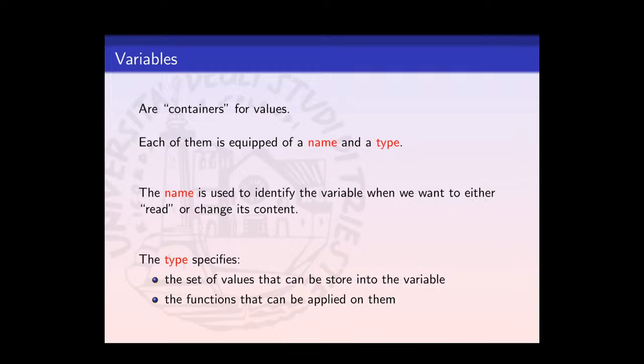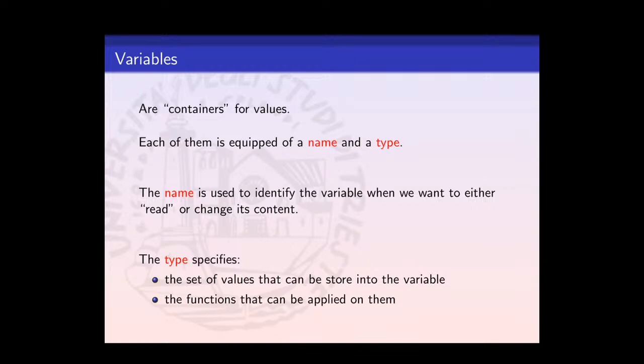So any variable in the C programming language has a name and a type. Well, the name is quite easy to understand. What is a type? Well, the type is the kind of data you are going to store in that variable.